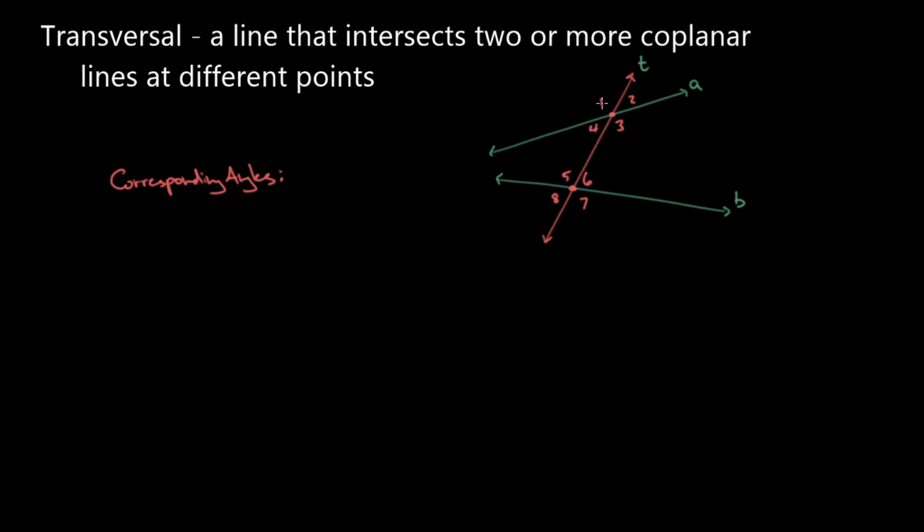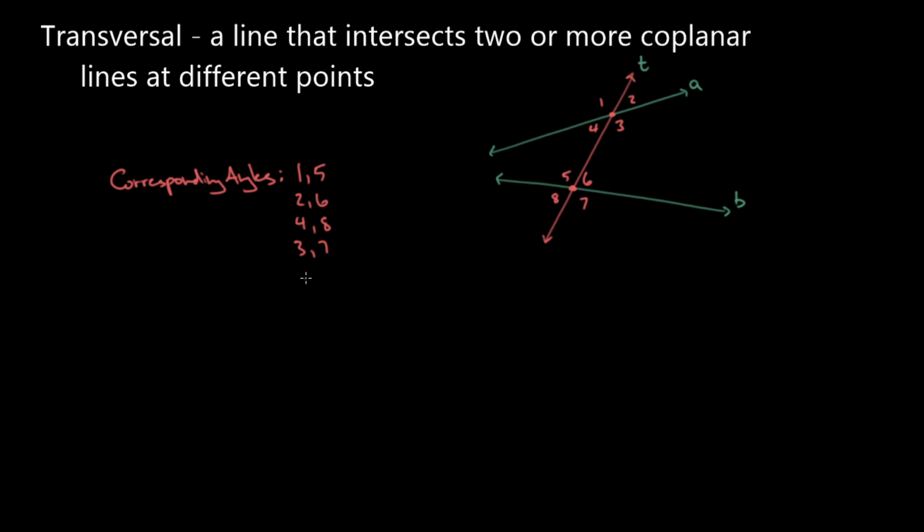So if I have the top left angles, for example, angle 1 and 5 would be a pair of corresponding angles. 2 and 6 would be a pair of corresponding angles. 4 and 8 would be a pair of corresponding angles. And then 3 and 7. They're all in these same locations on their transversals.